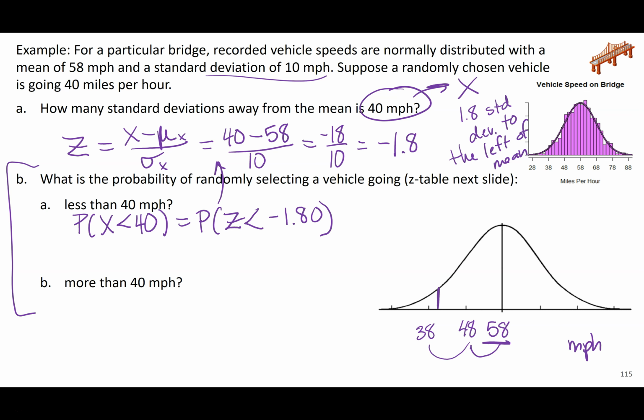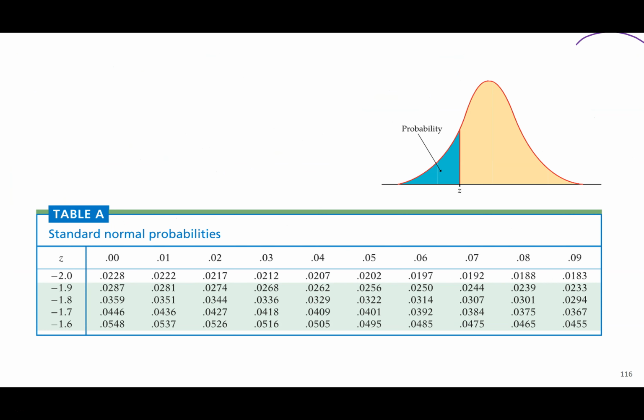So I included the z-table on the next slide. As you can imagine, it kind of gets a little cramped to put it on every slide here. So I want the probability z is less than negative 1.80. So I'm going to pretend this is negative 1.80 here. And I do happen to want this shaded probability.